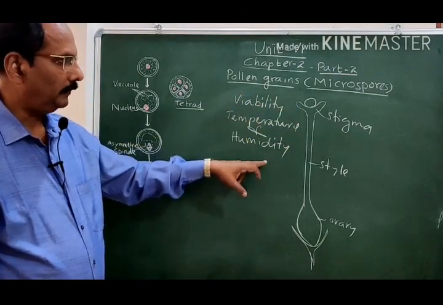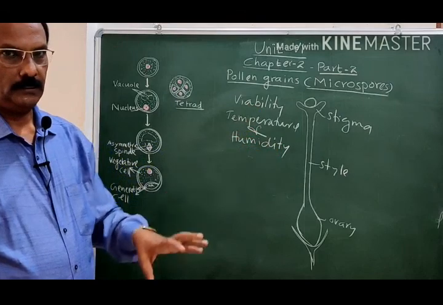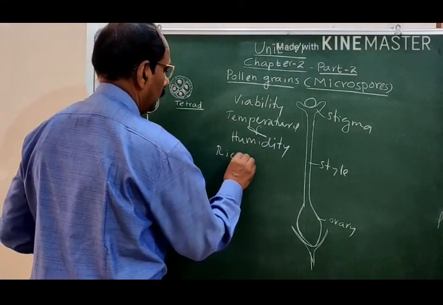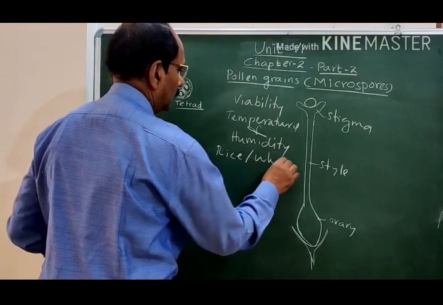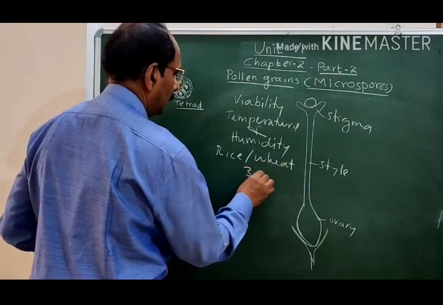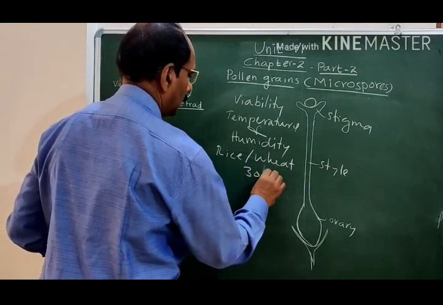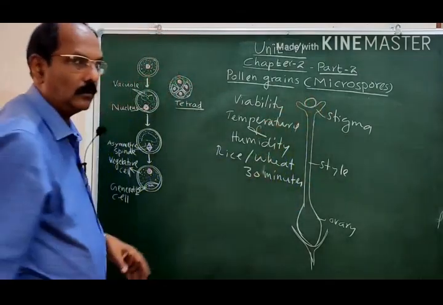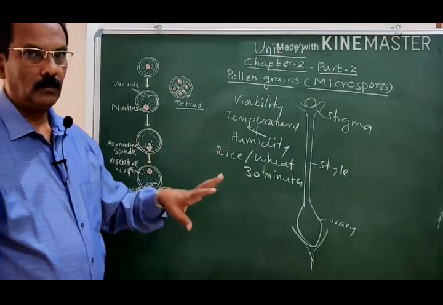This viability period is different in different species. For example, in rice and wheat it is 30 minutes. Within 30 minutes, the pollen must fall on the stigma. Only then will it germinate, otherwise it cannot.